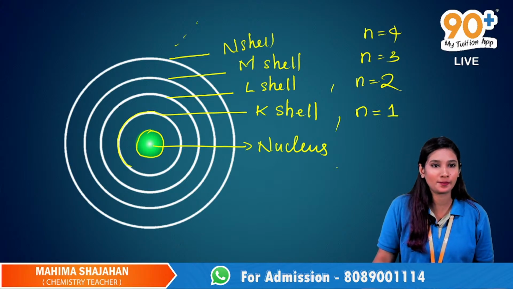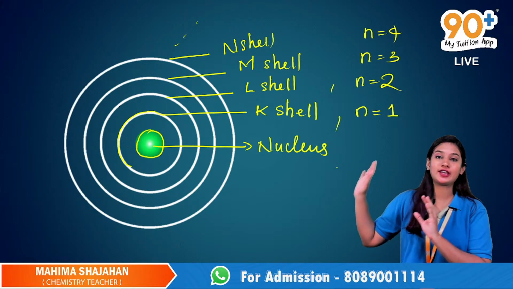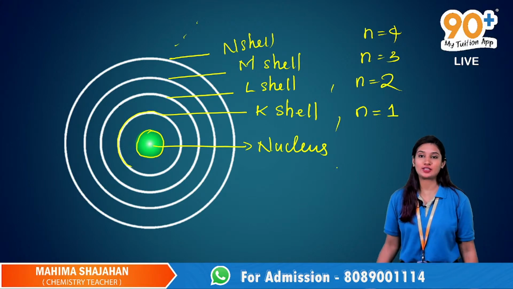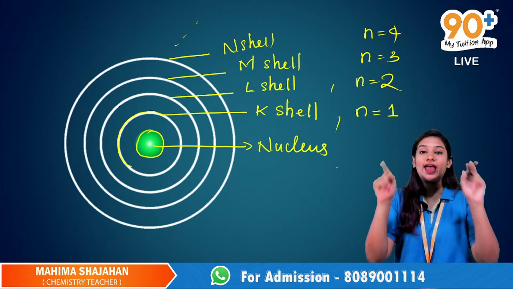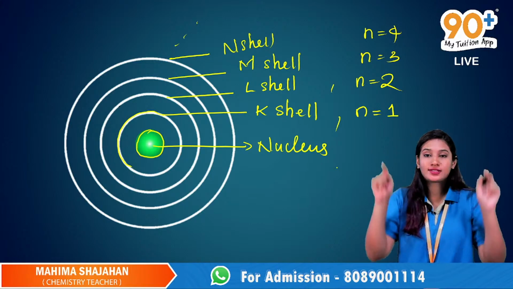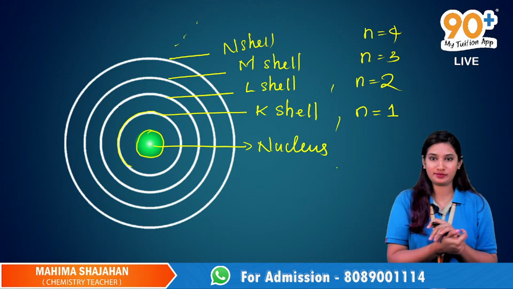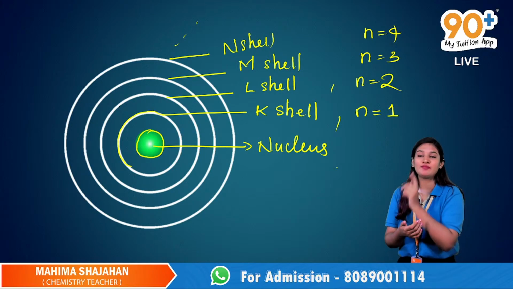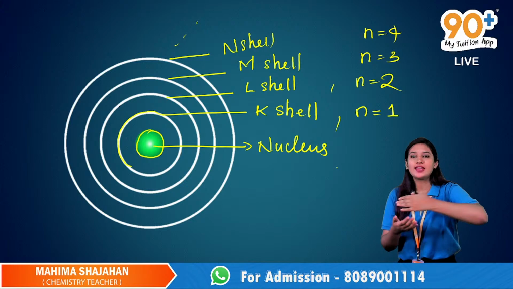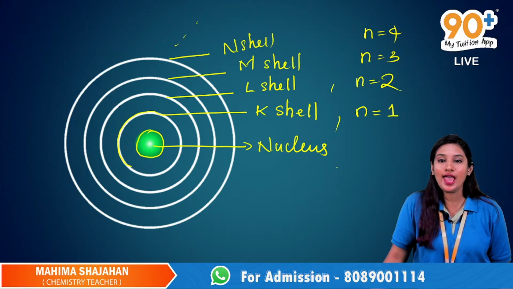This is a rough idea of Bohr's model of an atom. There will be a nucleus in the center, and there will be some closed parts called orbits or shells. The first shell is the K shell, then L, M, N, and it goes on depending upon the atom.